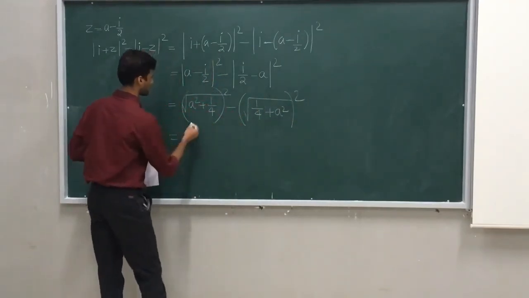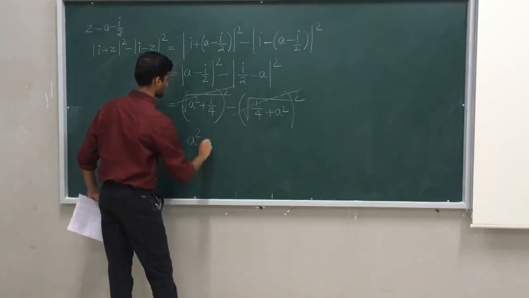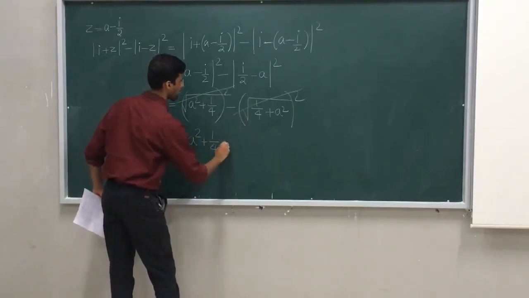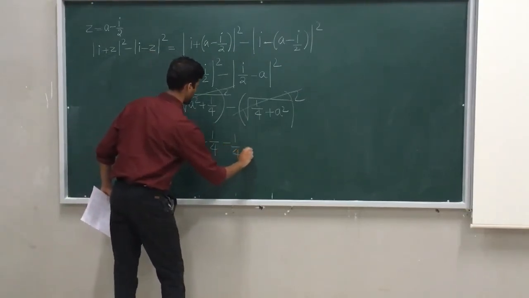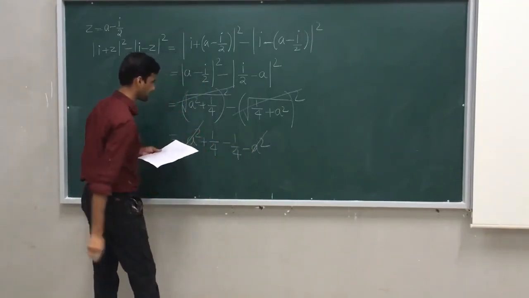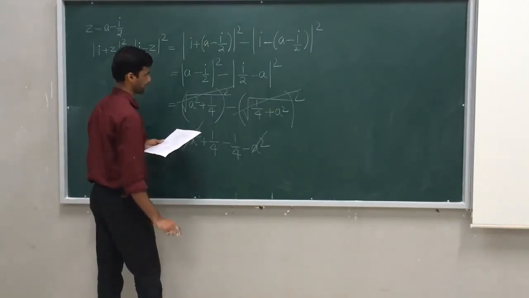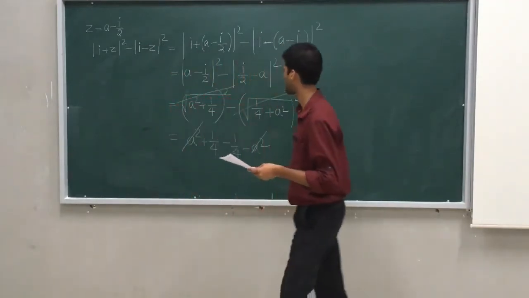Both those terms will cancel because you are left with a square plus 1 by 4 minus 1 by 4 minus a square. So they will cancel. So you are left with 0, which is not there in the option. Means we made a mistake.